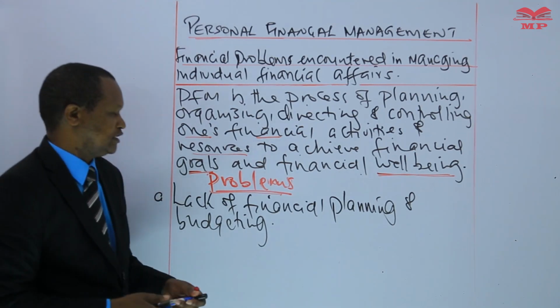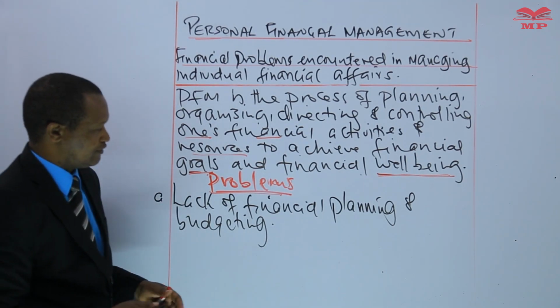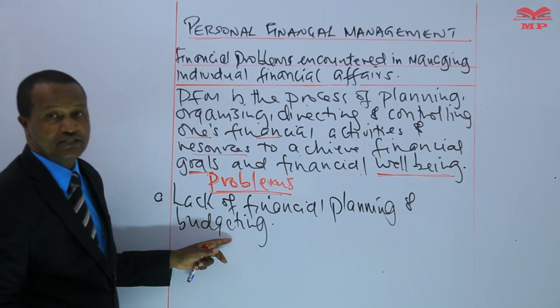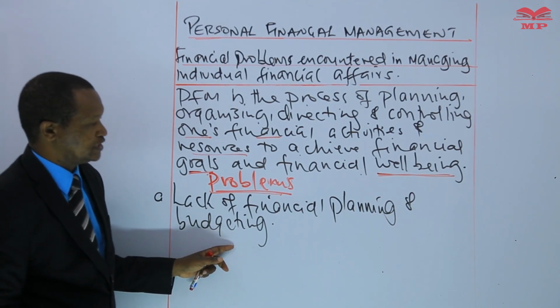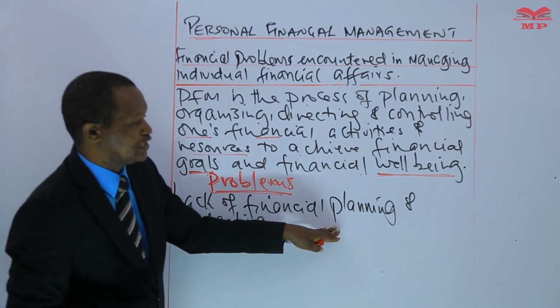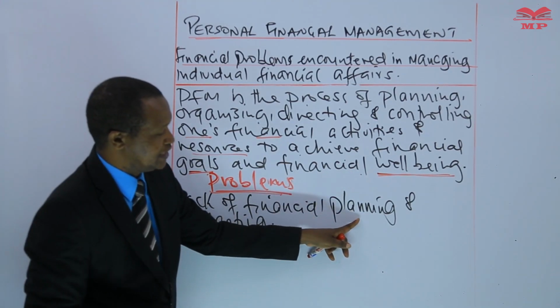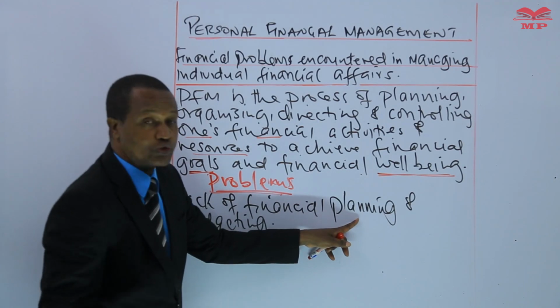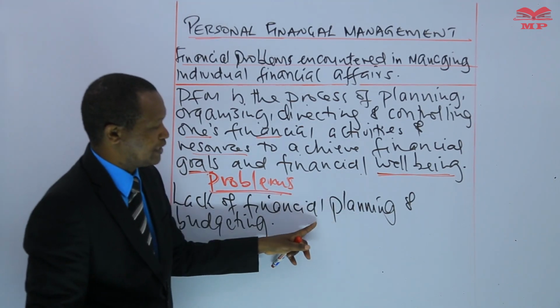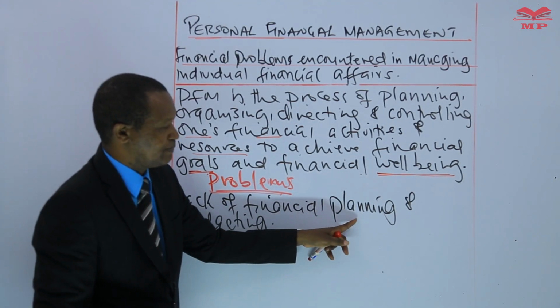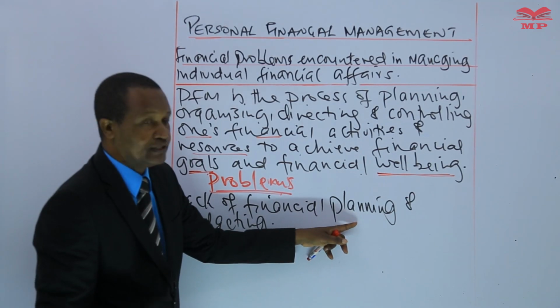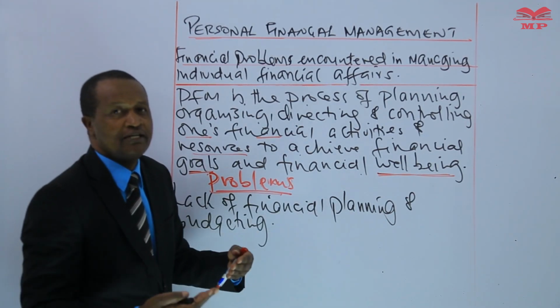Is it true that individuals do not have personal budgets? Is it true that individuals do not have financial plans? We all know a plan is a predetermined course of action. A plan is something that is done beforehand.